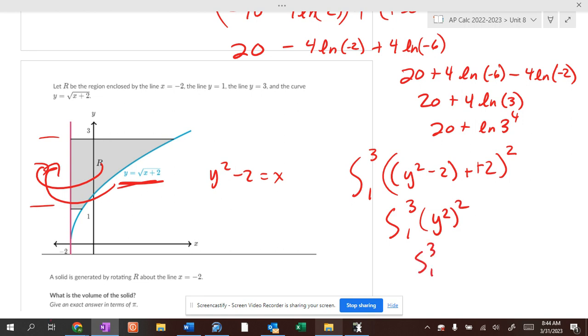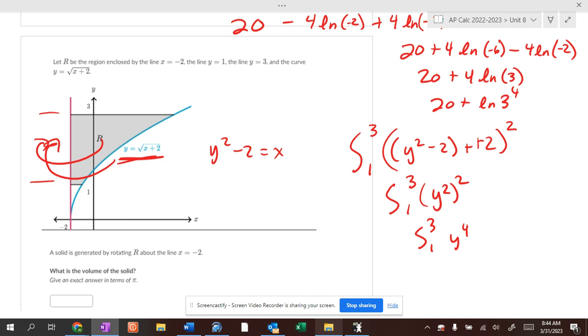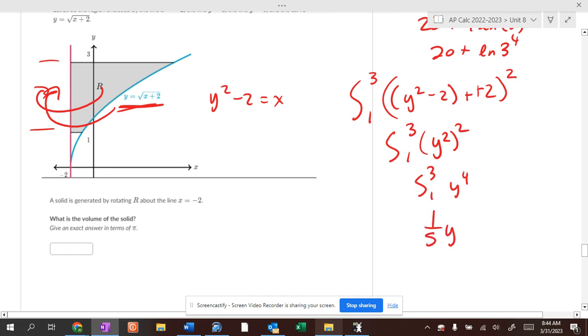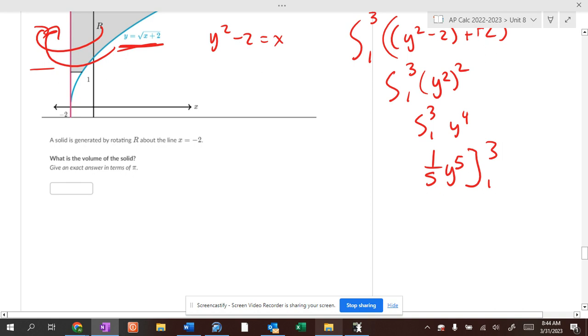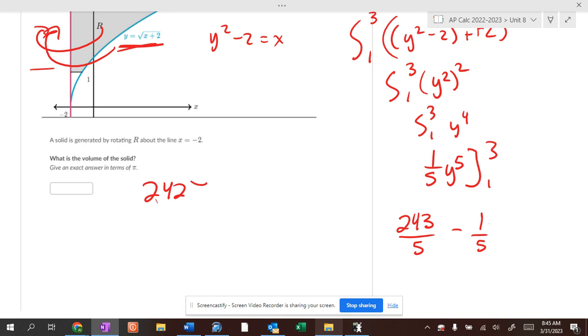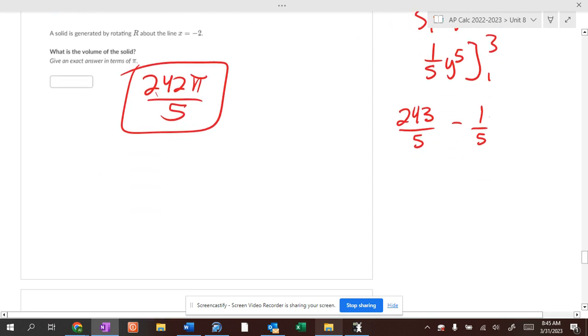So that's 1/5 y to the 5th from 1 to 3. So 3 to the 5th power is 243 over 5 minus 1/5. Because if we put in a 1, there we go. Yep, that's right. So it's 242 pi over 5. Much better answer than what we were getting before.